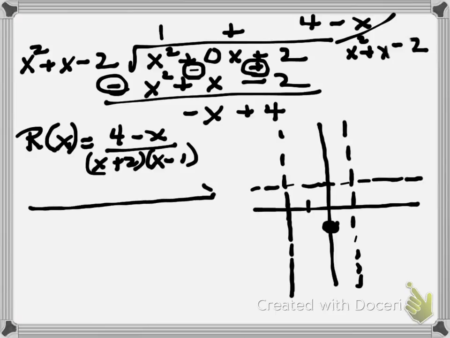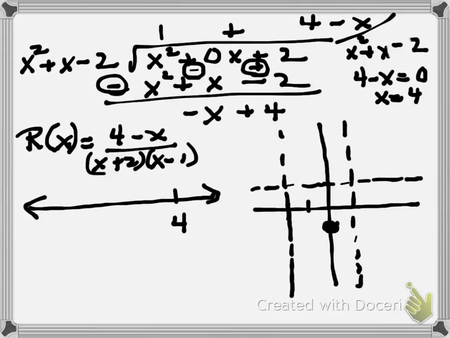So we have different regions that we need to test here to see what's happening. In the numerator, if I take 4 minus x and set it equal to 0, I get x equal to 4. So that's one number that I need to put on the x-axis as a region that I'm going to test.